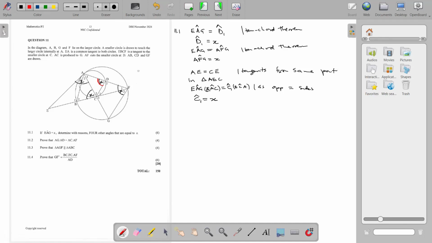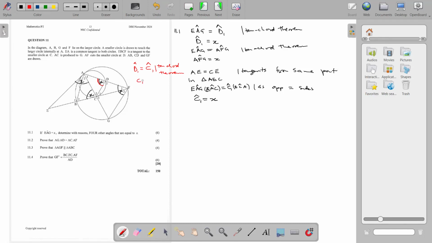So alternatively, one would just say D1 is equal to the angle C1. The reason being tan chord theorem.